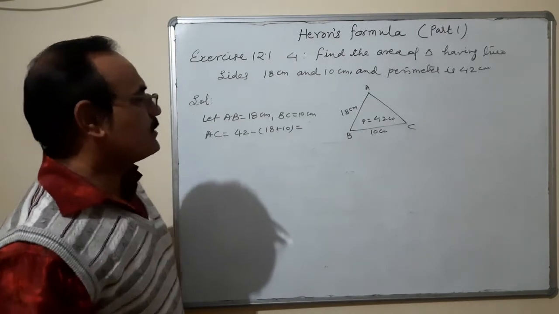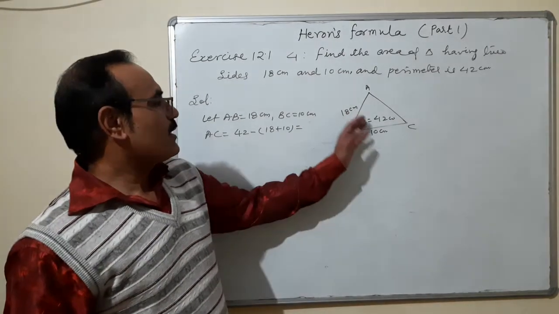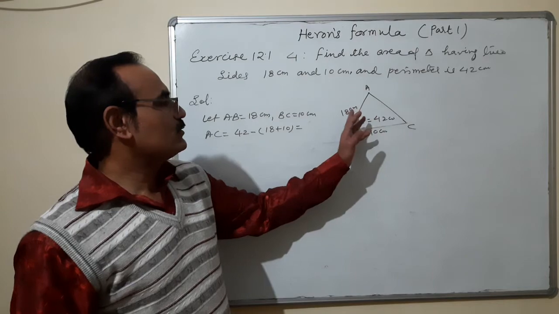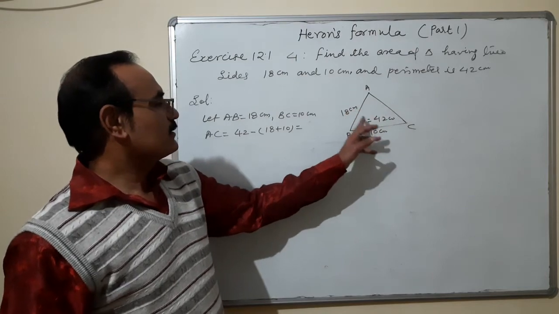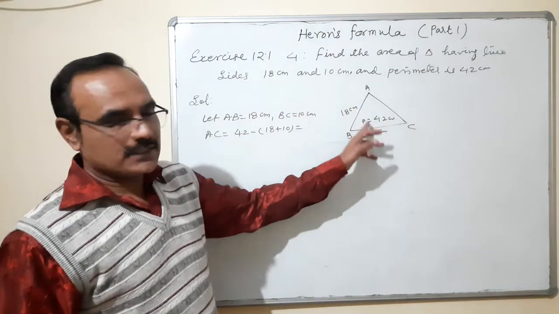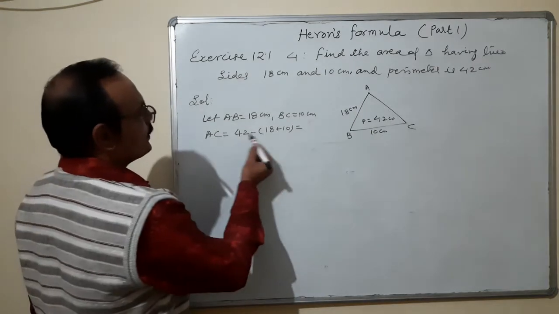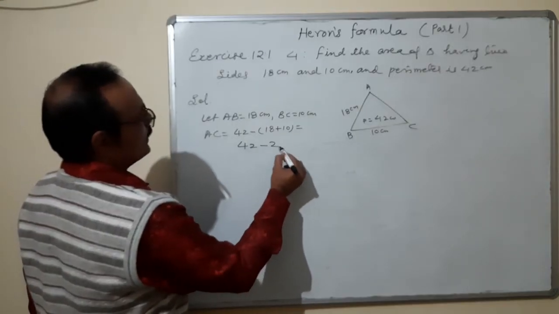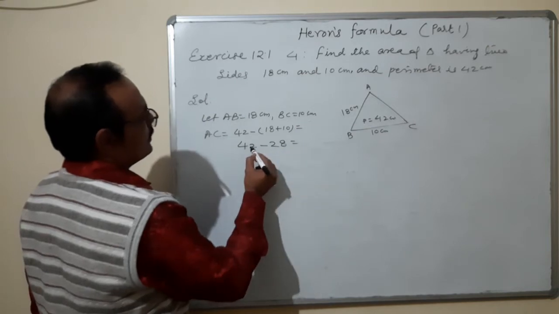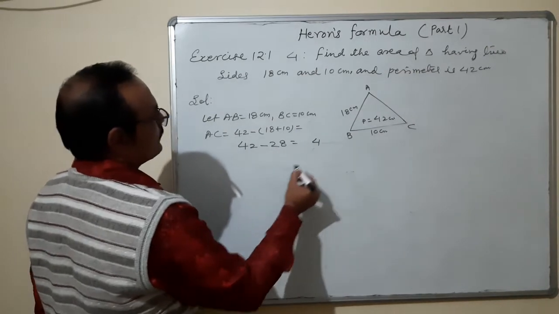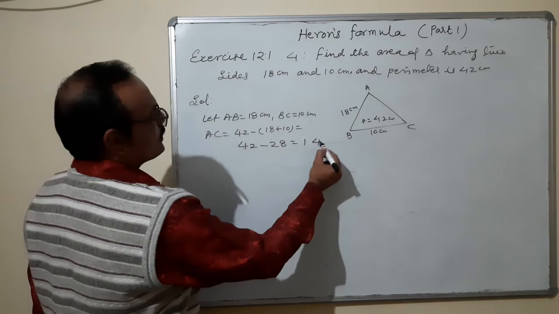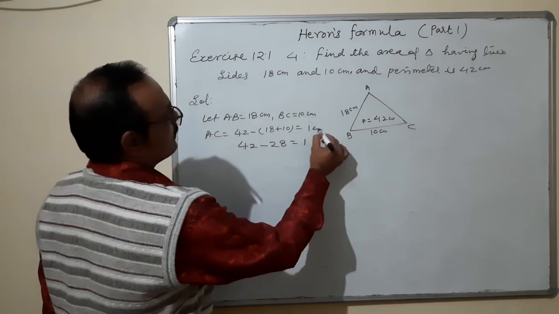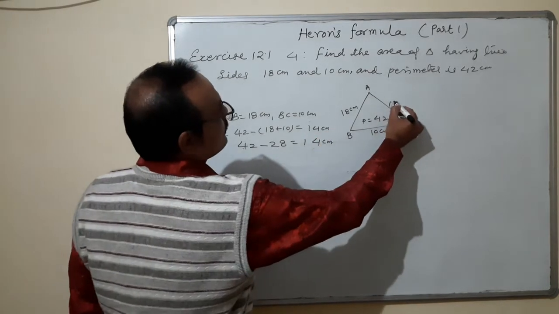Because the perimeter is the sum of three sides. So 42 minus 28 is 14 centimeter. Okay, this is 14 centimeter.